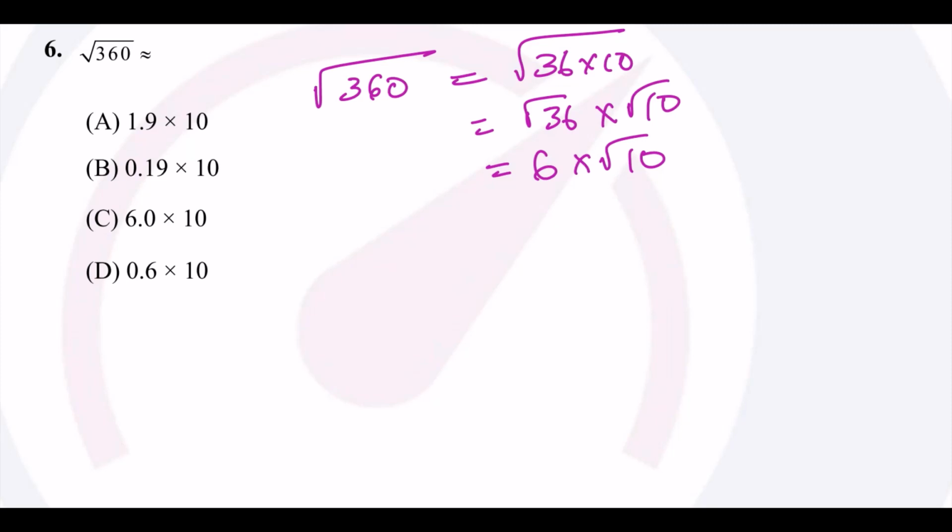Now we know that 3 times 3 is 9, but we have 10. So we can do some approximation in our head, either 3.05. Let me just test that quickly. 3.05 squared gives us 9.3. So we can try 3.1.